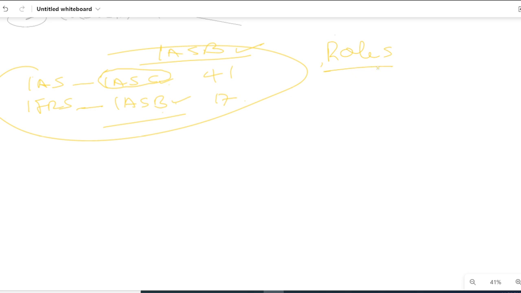So now let's look at some of the roles of this IASB. One, it has complete responsibility for all technical matters of the board, including the preparation and issuing of international financial reporting standards. This board is responsible to issue accounting standards.